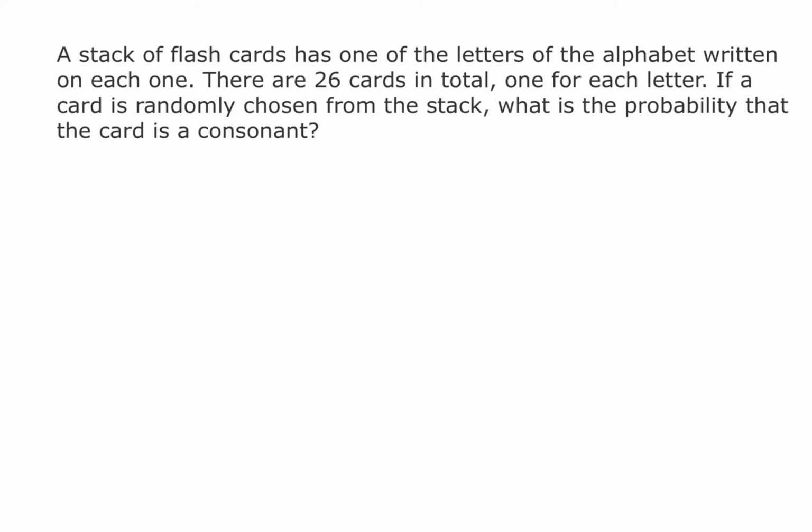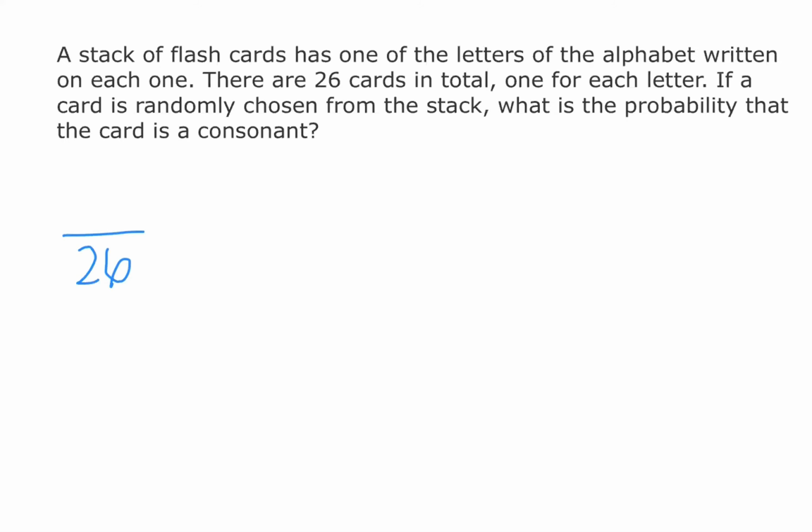So a stack of flashcards has one of the letters of the alphabet written on each one. There are 26 in total, one for each letter. So this one makes that part easy for us. 26 goes down here, right? If a card is randomly chosen from the stack, what is the probability that the card is a consonant? Consonants are basically everything that's not a vowel.